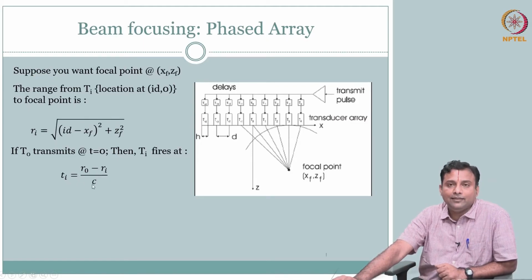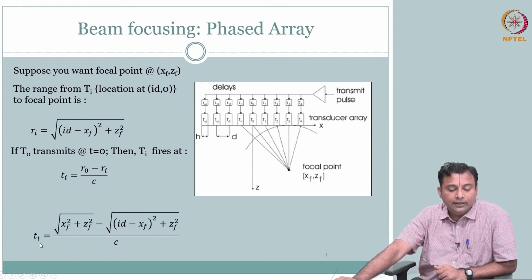Path length by c, distance by velocity, is your time, clear. So, I can generalize: Ti is equal to (R naught minus Ri) by c, where Ri is the square root of (Id minus xf) squared plus zf squared.